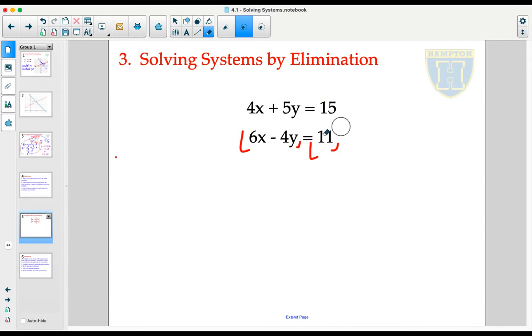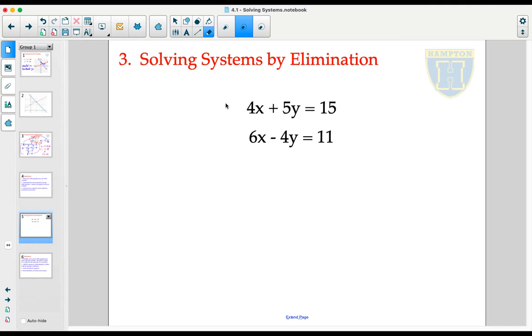So how do we get around that? Well, if we're looking at the equations, we notice that the 5y is positive and the 4y is negative. When we add it down just in that hypothetical scenario, we got really close. 5y plus negative 4y is 1y. What we want to have happen is for that variable to go away. In order to make that happen, we have to multiply both of these equations by some constant.